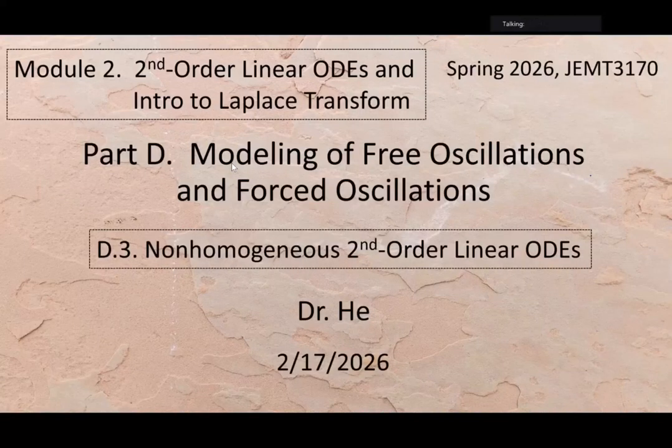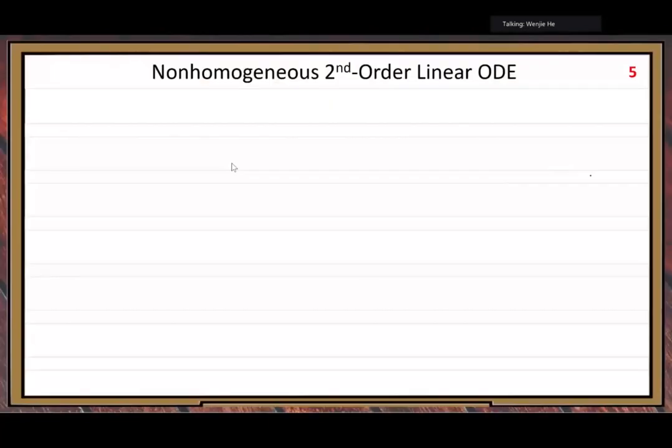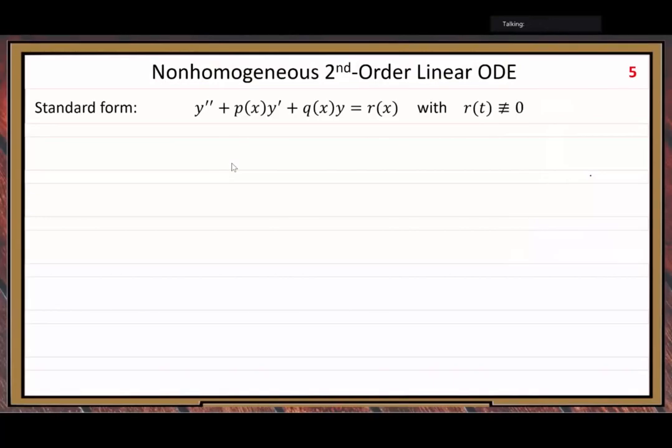D.3, non-homogeneous second order linear ODEs. We need to solve that system. Actually, in our previous system the P function and Q function were constant, which is much simpler.